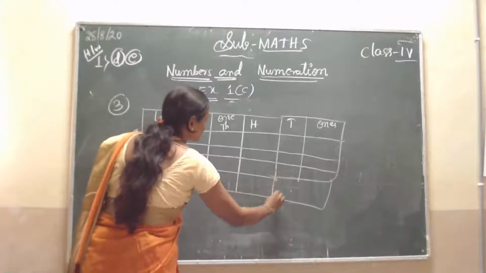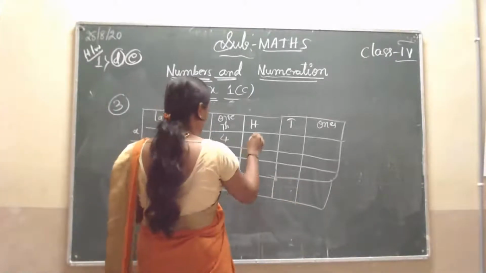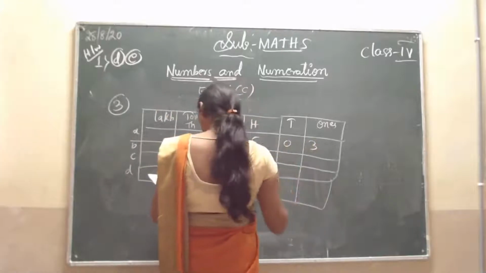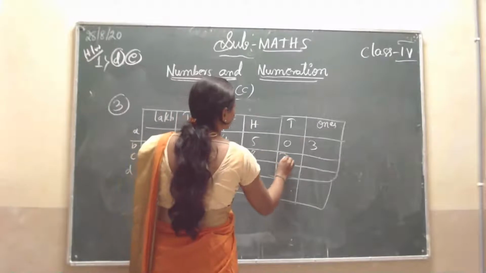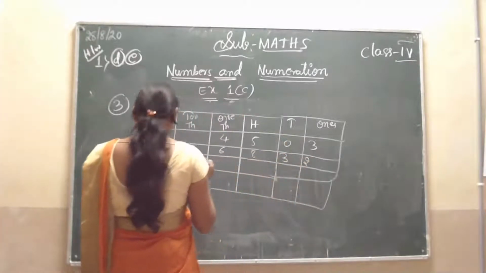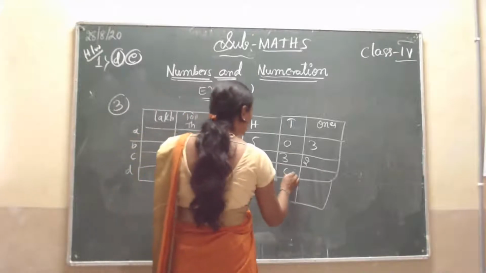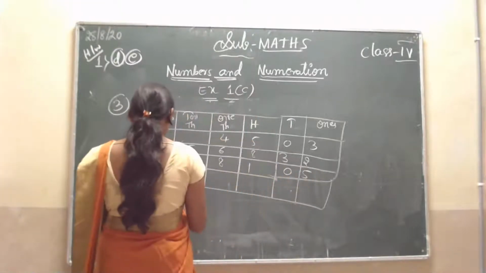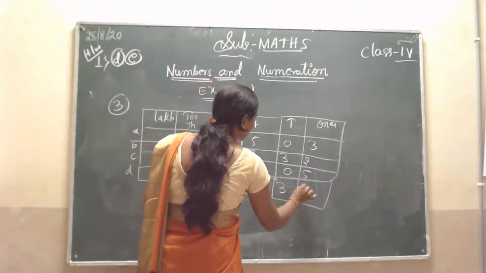So what is the first one? A is 4,503. Second one 56,832. Yes. Next is 98,105. Yes, students. Next is 6,67,637.